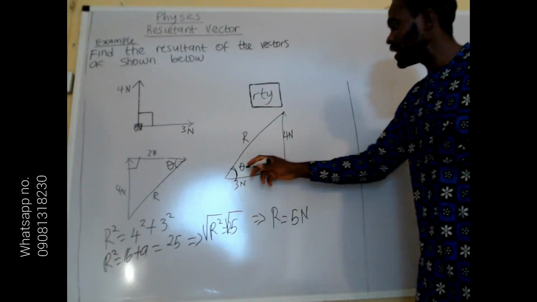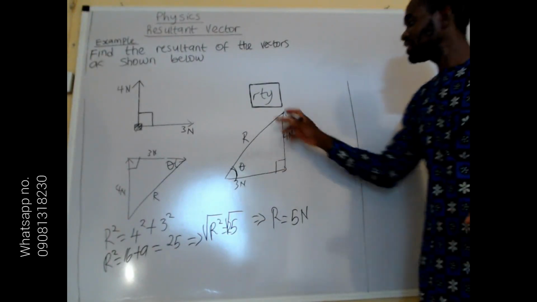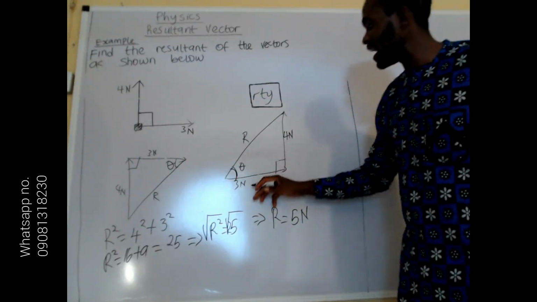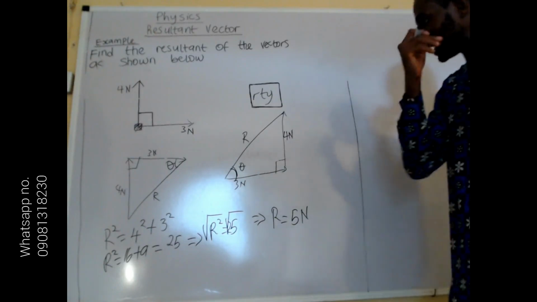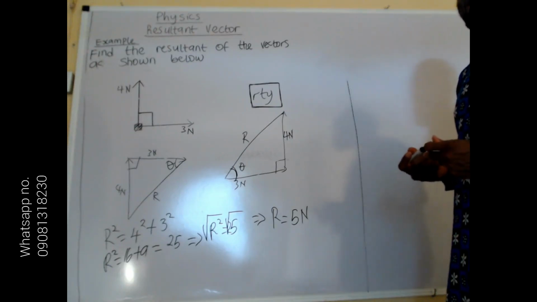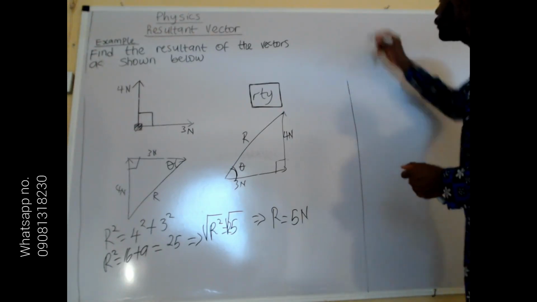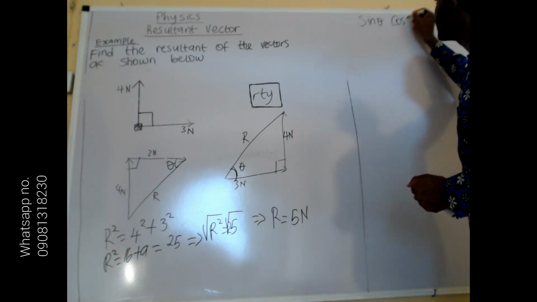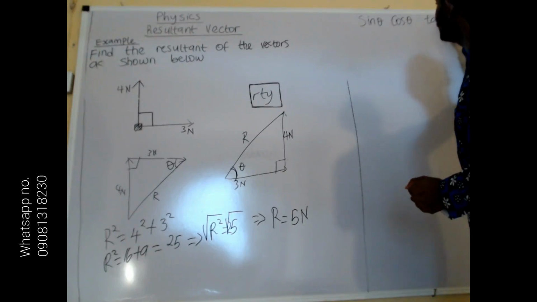Now, how do you go ahead to find theta? This is a right angle triangle. Because you are looking for theta, the angle, and you have two sides, it will remind us of what we call trigonometric ratios. We have sine theta, cos theta, and tan theta.